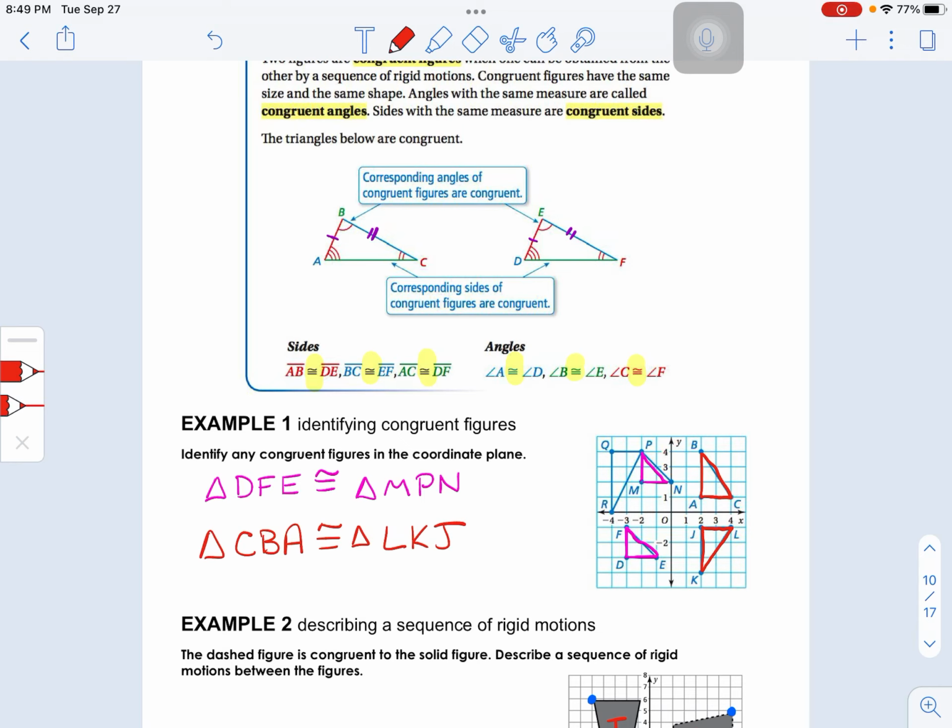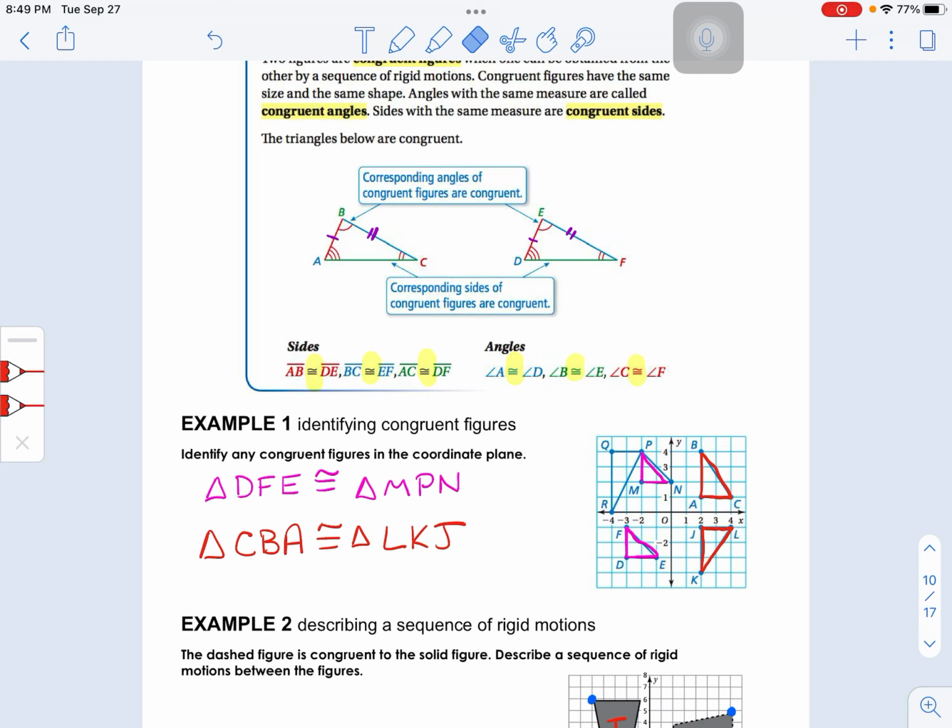So when I started at L, I also had to match the diagonal, right? Those two triangles are reflected over the x-axis, and I need to match the angles that are congruent, right? So C matched with L, B matched with K, and A matched with J, right? I do not want those markings there, so I'm going to get rid of them.